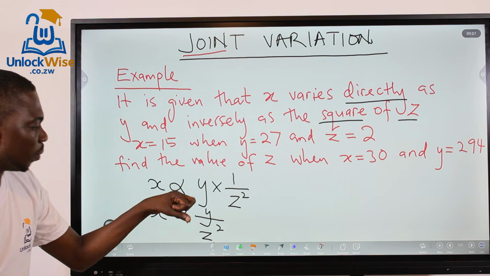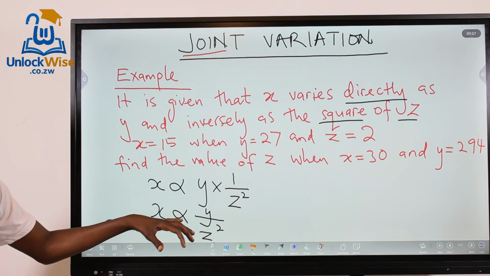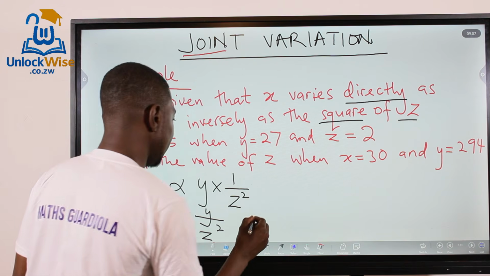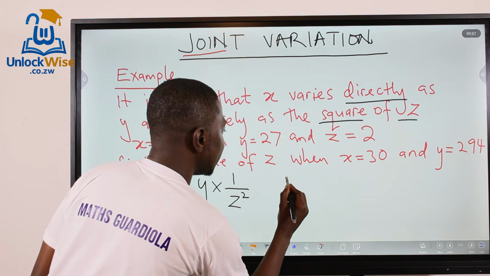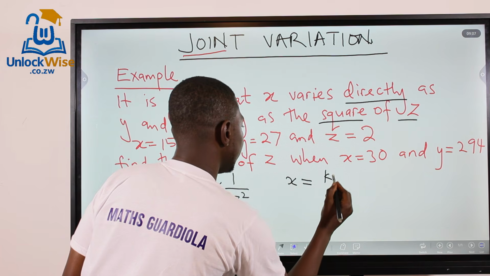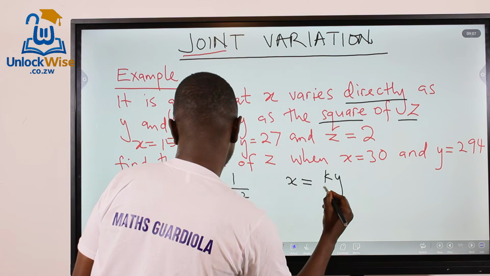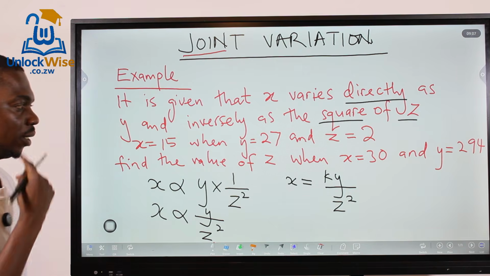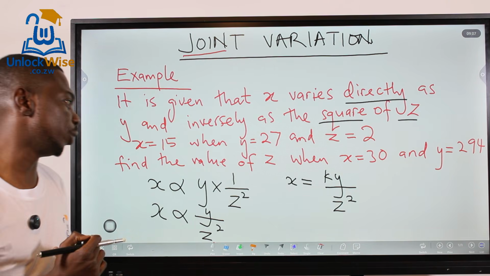And we want to remove the proportion sign and replace it with the equal sign. So we are going to have this as x is equal to k y over z squared, right? So this is what we have now.